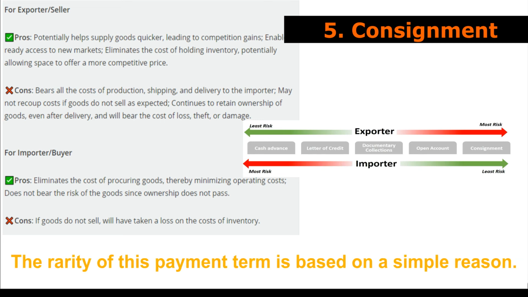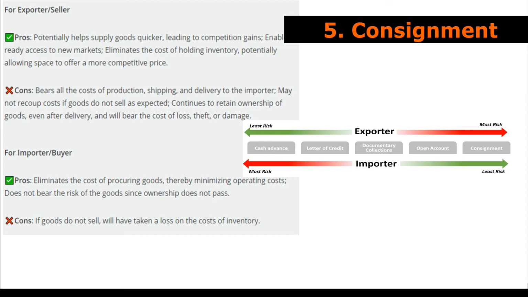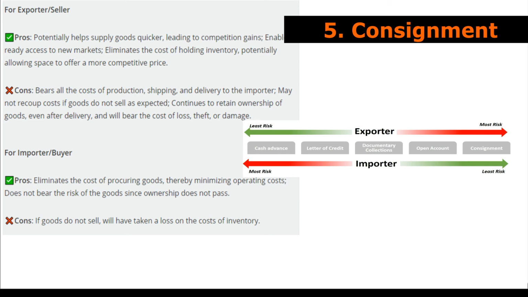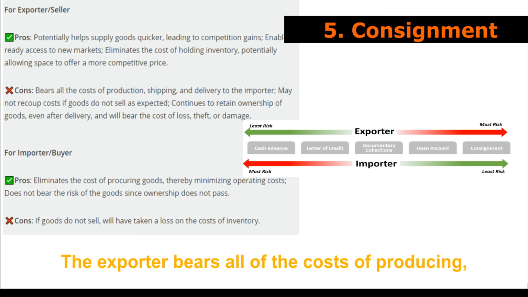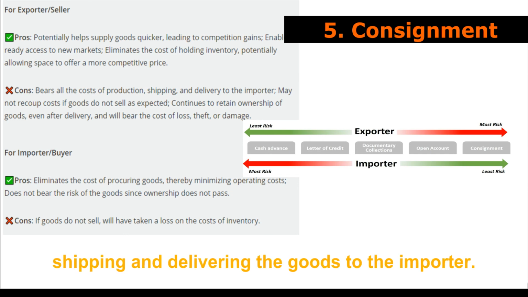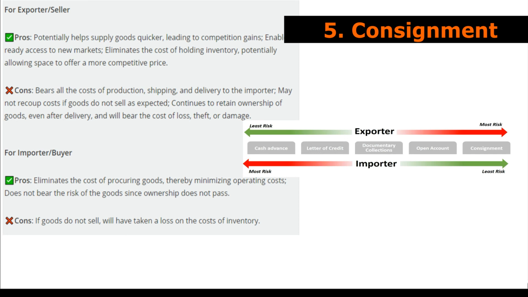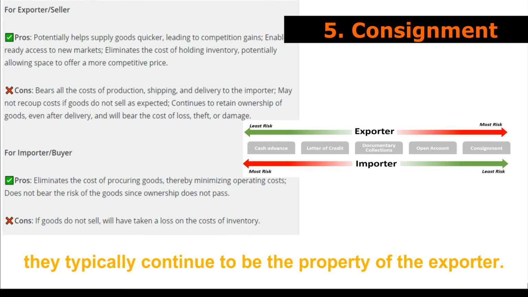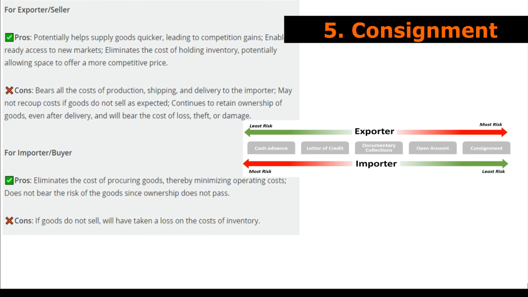The rarity of this payment term is based on a simple reason: the incredible risk it poses to exporters. The exporter bears all of the cost of producing, shipping, and delivering the goods to the importer. In addition, while the goods are in the possession of the importer, they typically continue to be the property of the exporter.